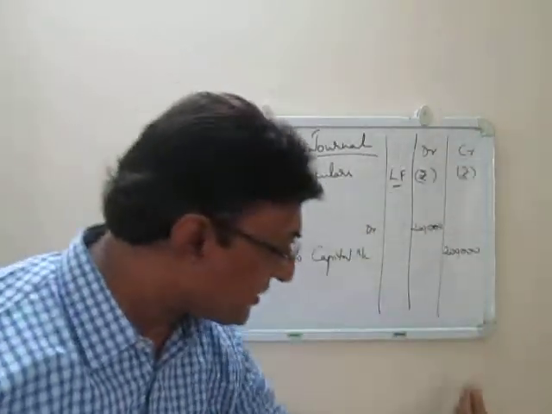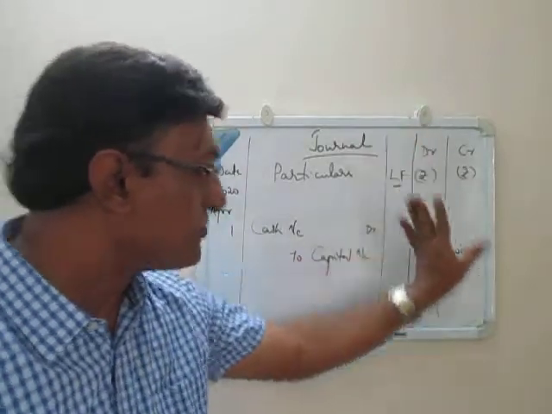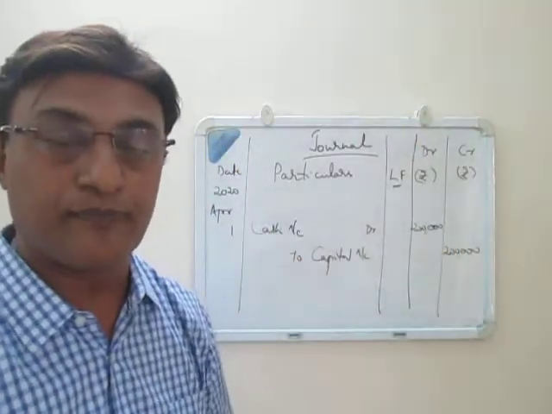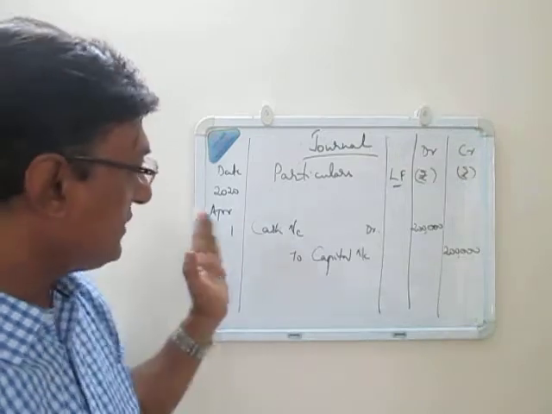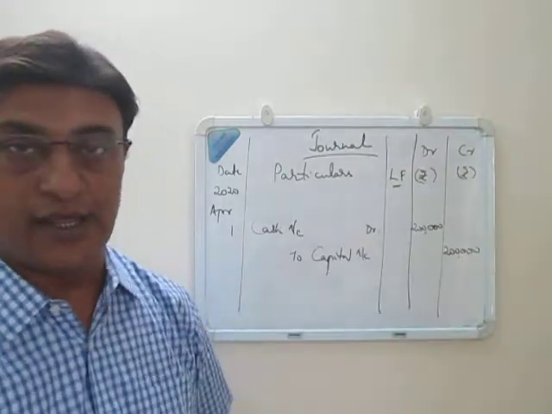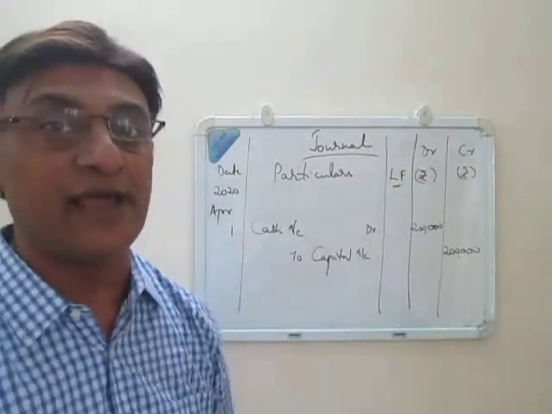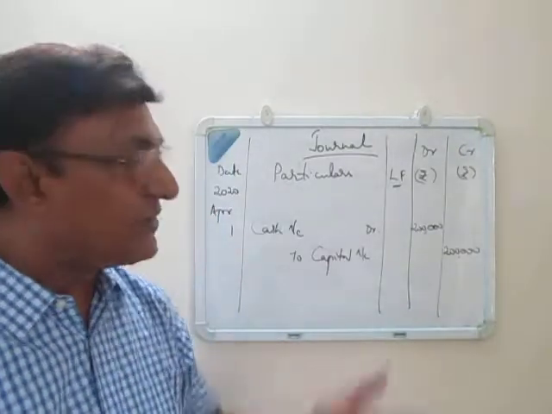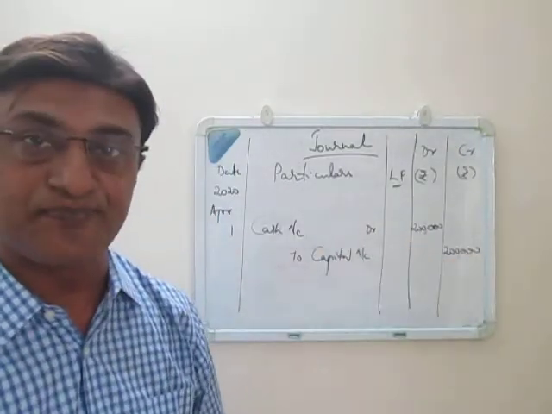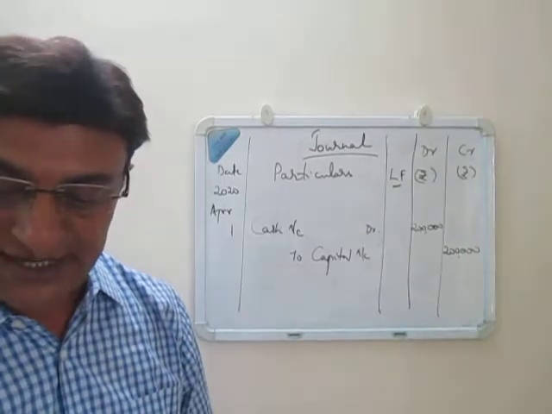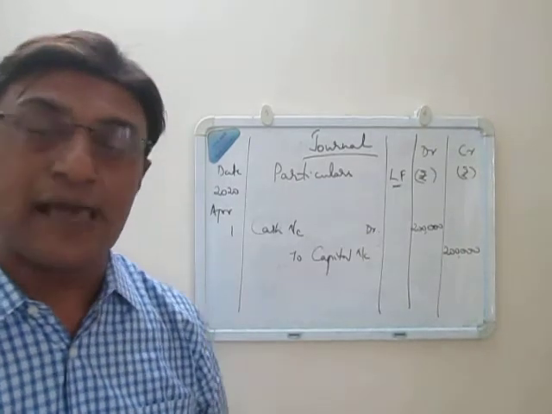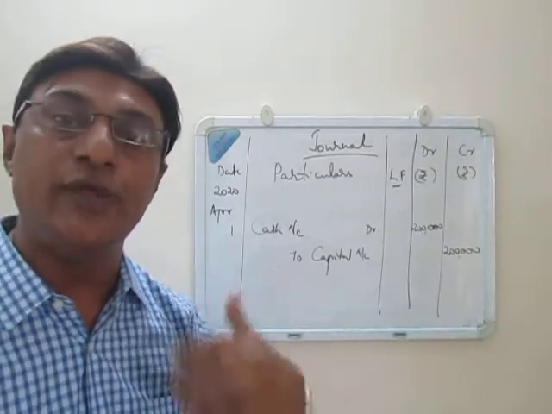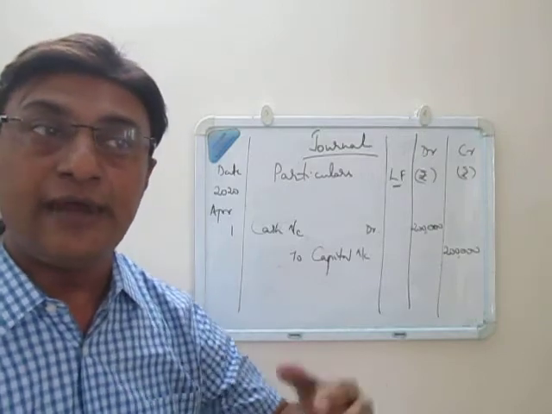Credit amounts put in the credit column, debit amounts put in the debit column. So here this is the journal entry for commencement of capital by Ram in our example with a cash of 2 lakhs. Cash account debtor to Ram's capital account, or just capital account because we are doing the bookkeeping for Ram.